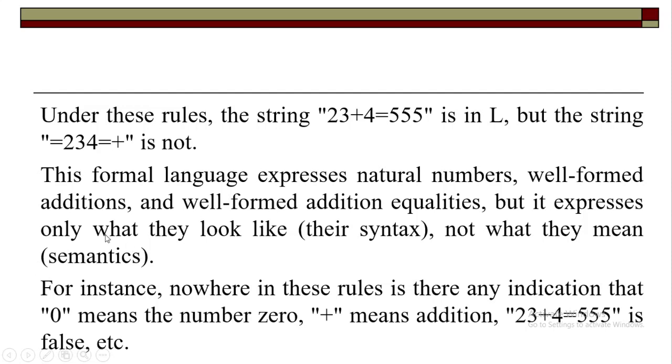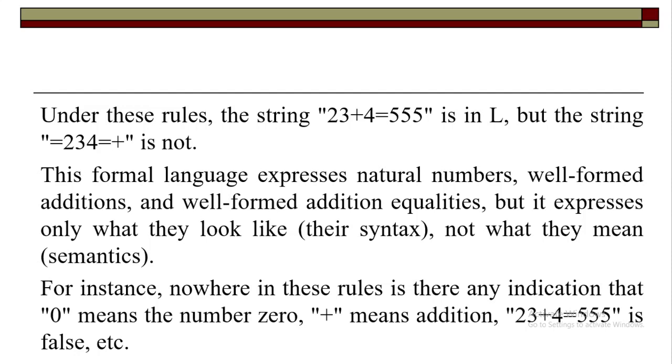It expresses only what they look like. That is, it is only the syntax to form a formal language, not the exact meaning of that particular string or expression. That is why I have said that using normal natural numbers, 23 plus 4 is equal to 27.